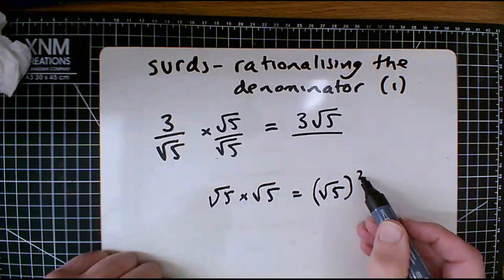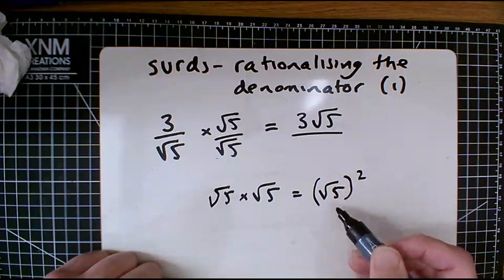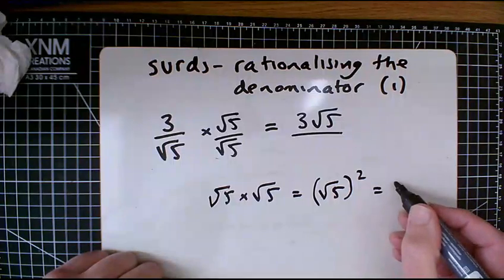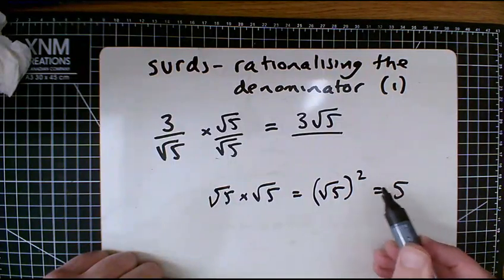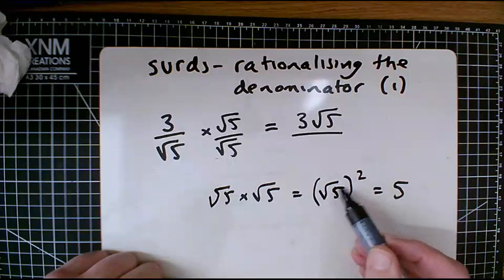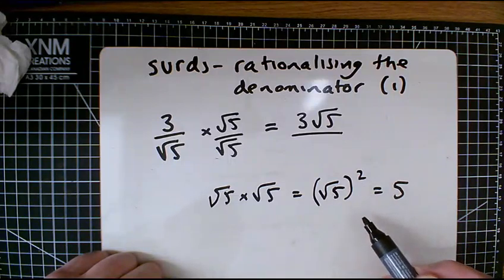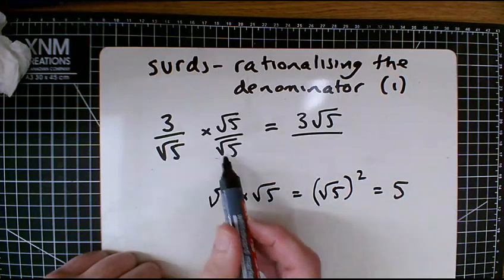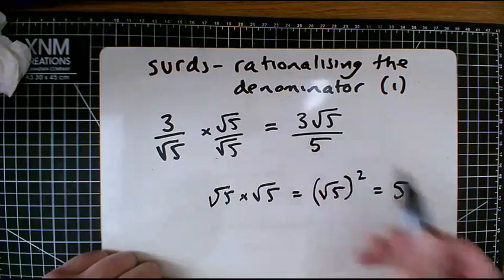Now, if I square a number and then square root it, or square root it and then square it, I simply end up with the number itself. The reason for that is square rooting and squaring are inverse operations. In other words, they cancel each other out. So the square root of 5 times the square root of 5 turns out to be 5.